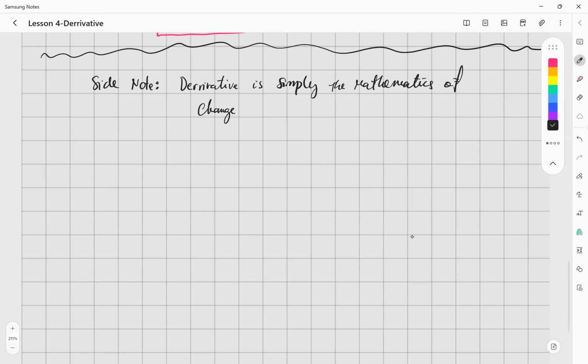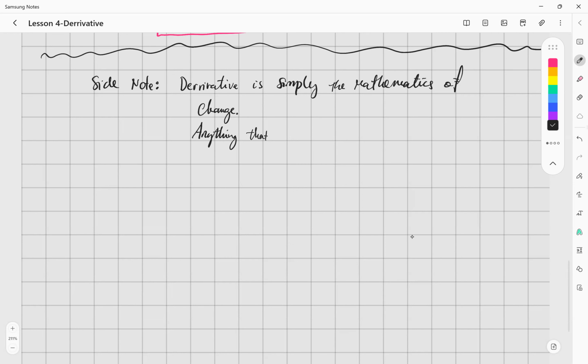Okay, the mathematics of change, that means anything that changes. What's wrong with my pen?